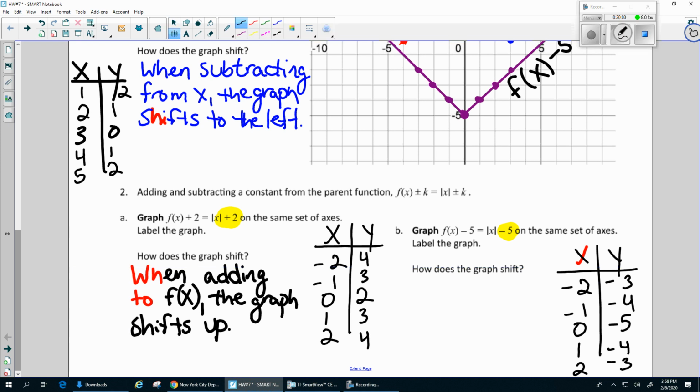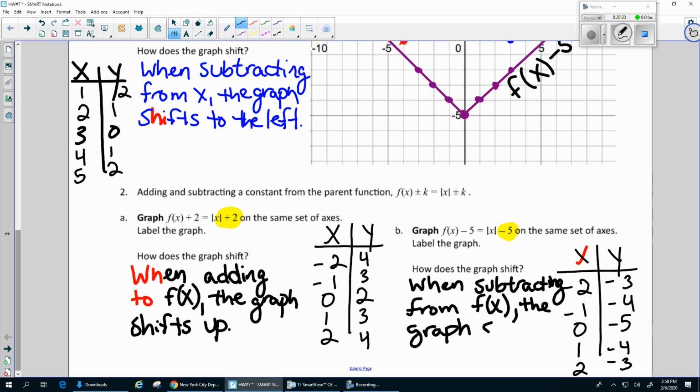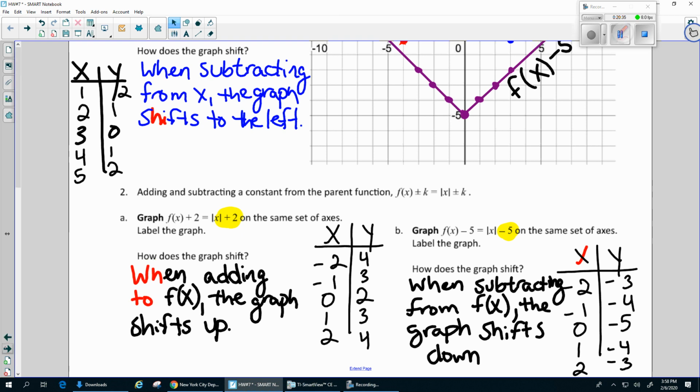Well, when subtracting from f of x, the graph shifts down. Okay, let's turn the page.